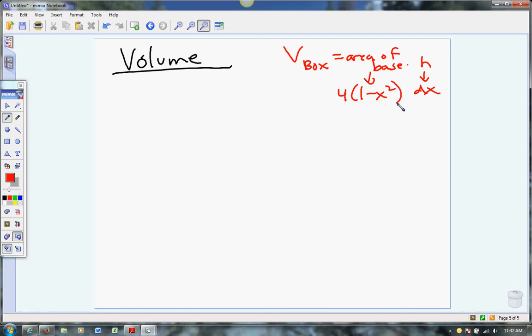All right? So guess what? We're ready to find the volume of this thing. It's going to be the integral of 4 times 1 minus x squared dx. Okay? And then my limits of integration, because it's a circle of radius 1, is going to be negative 1 to 1.